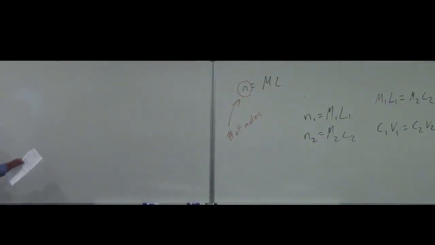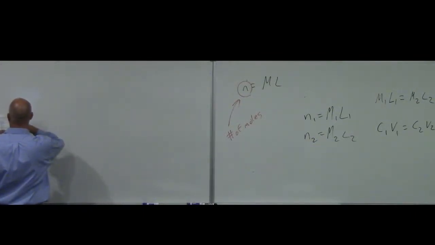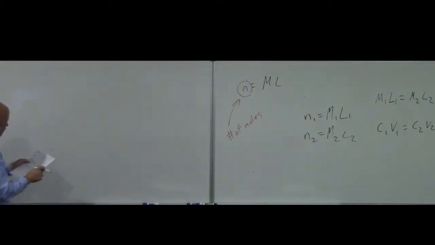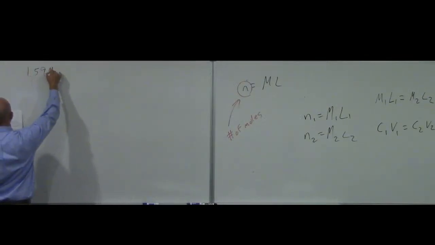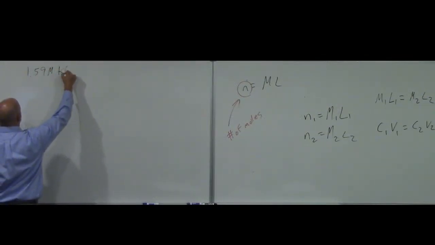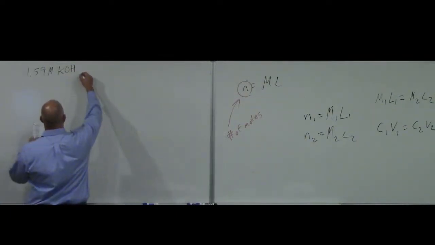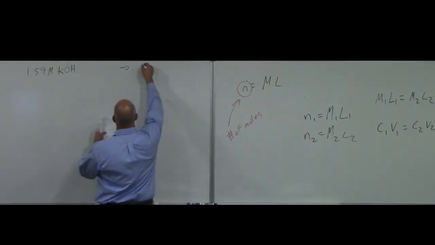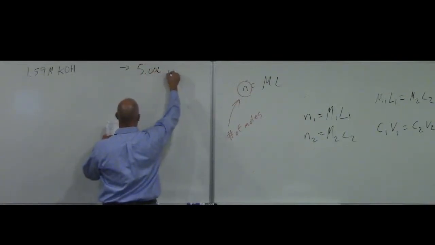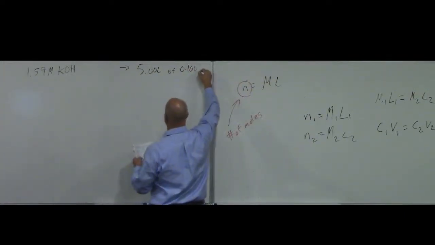What volume of KOH is required to prepare a 5-liter solution? Okay, so I have a 1.59 molar KOH, times a certain amount, and when I dilute it, it's going to come out to be 5.00 liters of 0.100 molar.